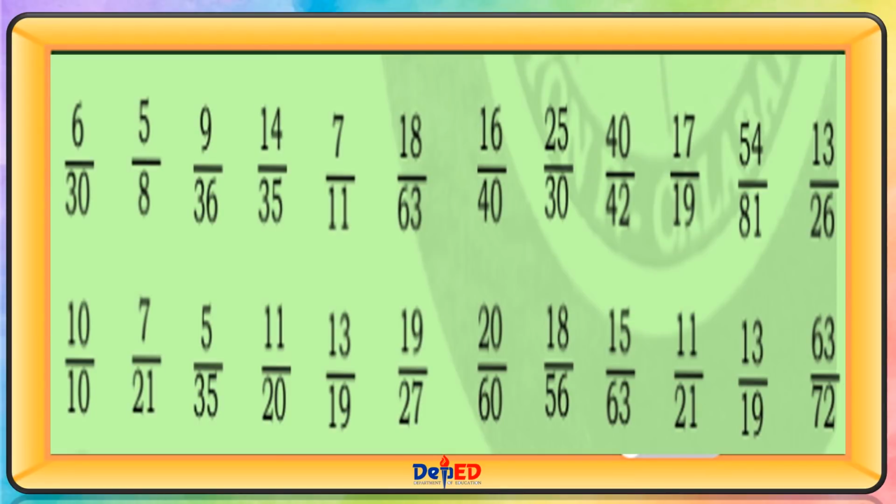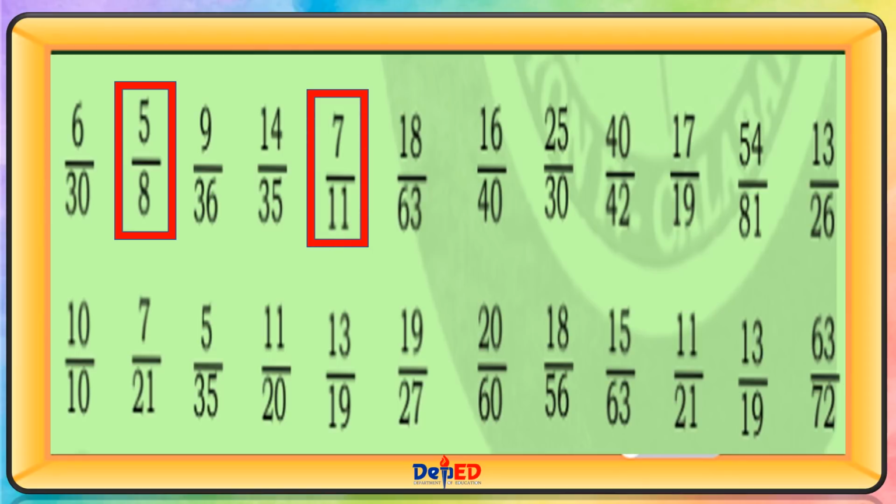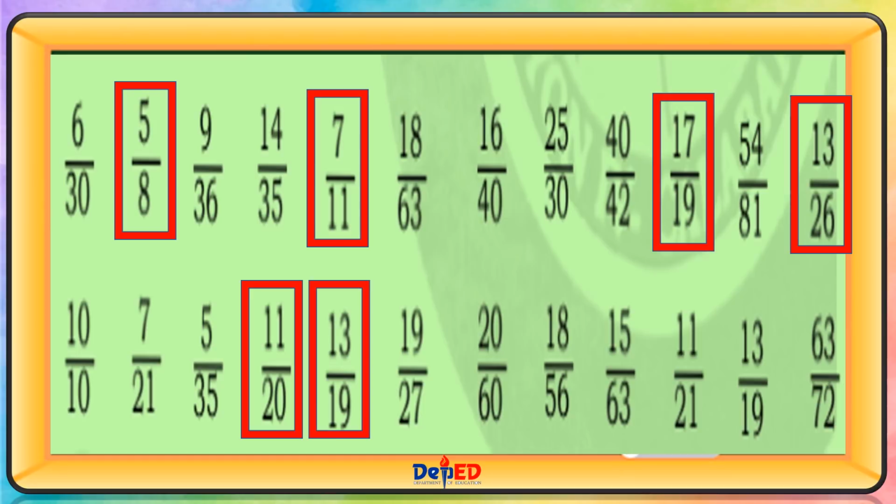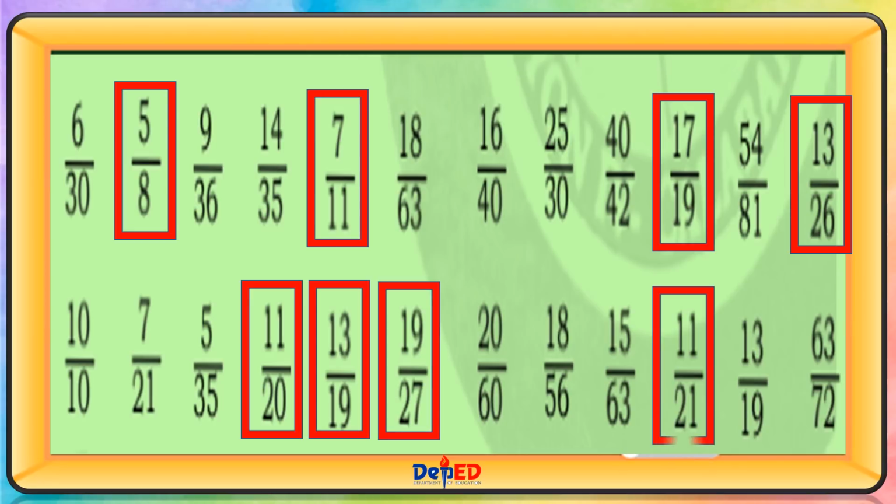We have 5/8, 7/11, 17/19, 13/26, 11/20, 13/19, 19/27, 11/21, and 13/19.